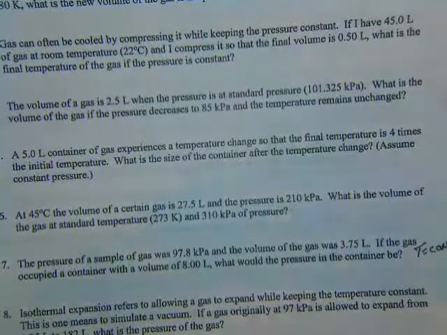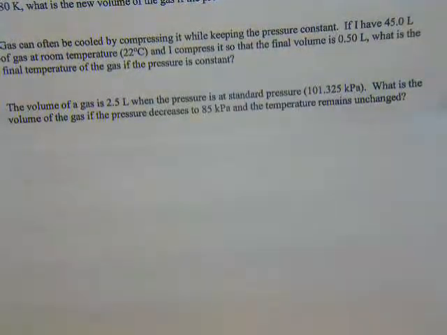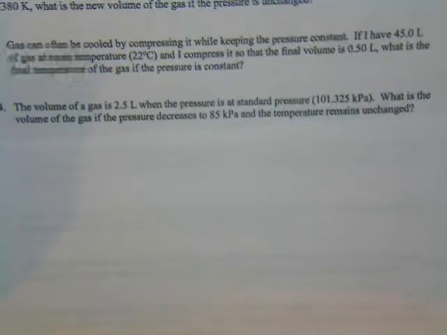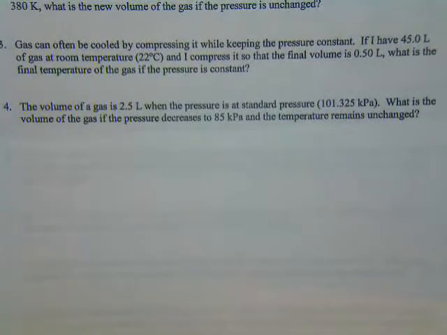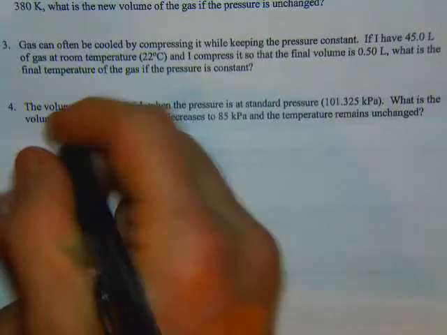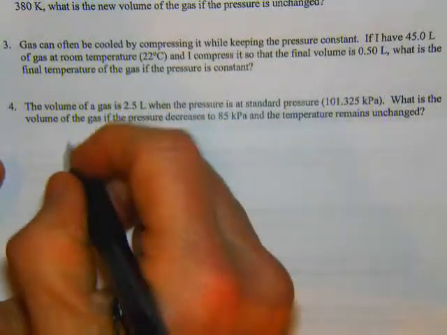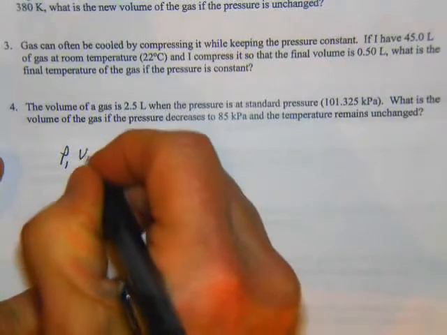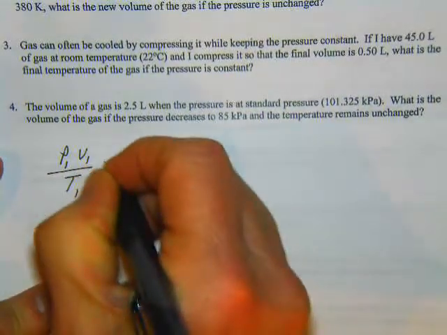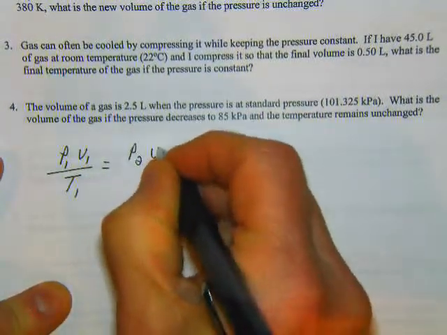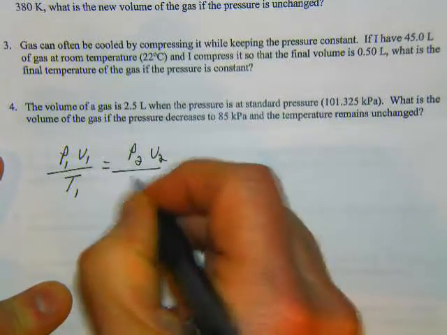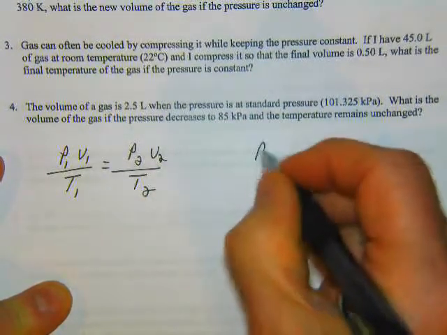Let's go on down to number 4. We have a volume of gas of 2.5 liters when the pressure is at standard pressure. What is the volume of gas if the pressure decreases and the temperature remains unchanged? Again, the standard formula: P1 V1 over T1 equals P2 V2 over T2. Let's write it out.